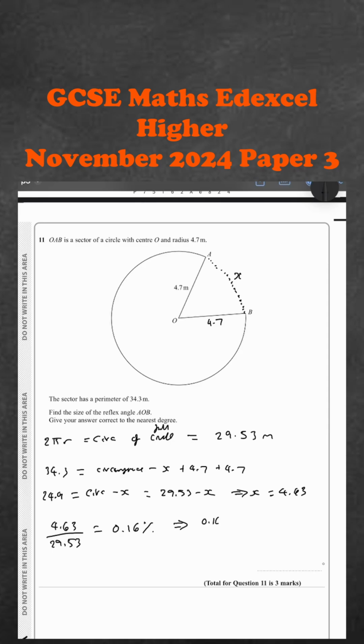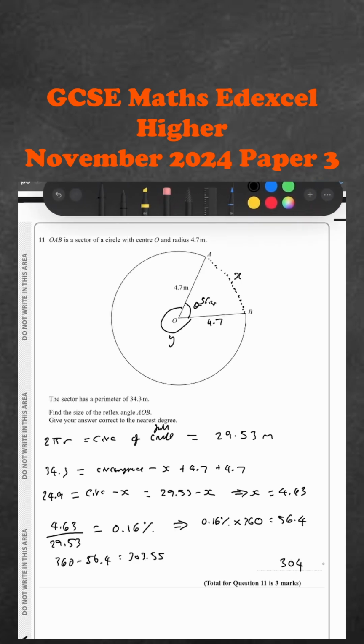Therefore, if we do 0.16 of 360 degrees, we can work out this interior angle here, which we'll call theta, times 360. We get 56.4. Therefore, the reflex angle that we actually want is 360 minus 56.4, and we get 303.55. Give your answer correct to the nearest degree. 304 degrees. And that's us done.